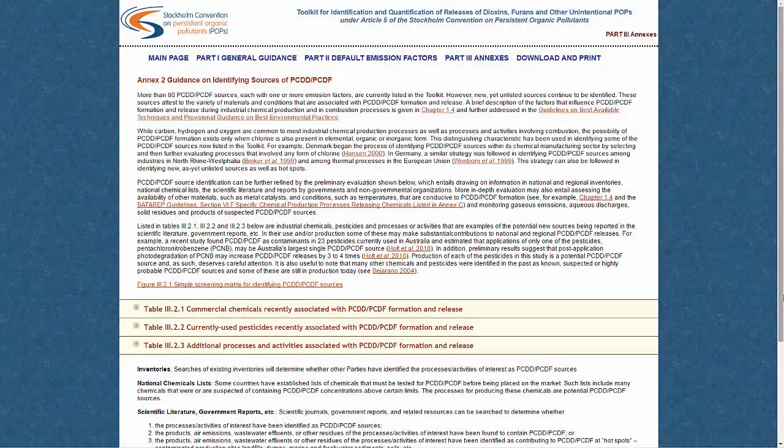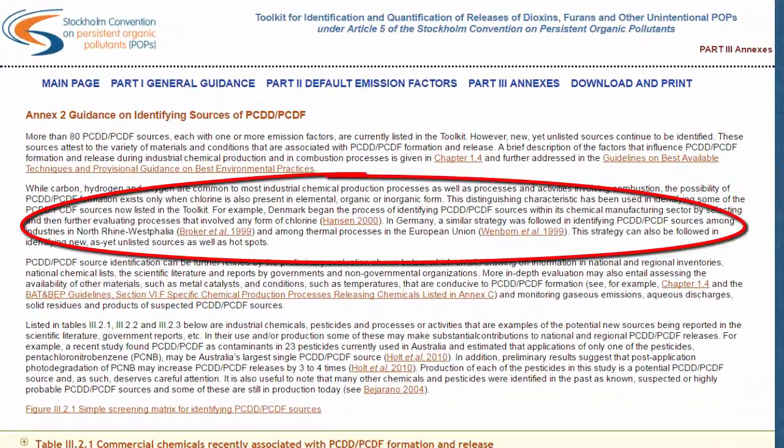Identifying dioxin sources by first finding and following chlorine is not new. For example, both Denmark and the German state of North Rhine-Westphalia screened their chemical production processes to identify those that involve chlorine, and then proceeded to evaluate those that did involve chlorine. The European Union used the same approach with thermal processes.